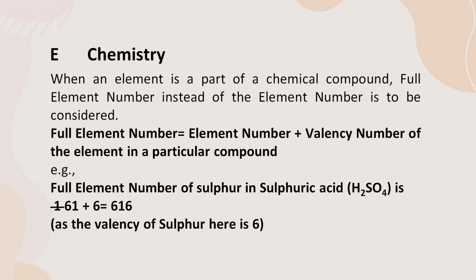Here sulfur is denoted by 161. The 1 has to be eliminated. Then for sulfur we get 61, and in sulfuric acid the valency of sulfur is 6. So the full element number of sulfur in sulfuric acid will be 616.